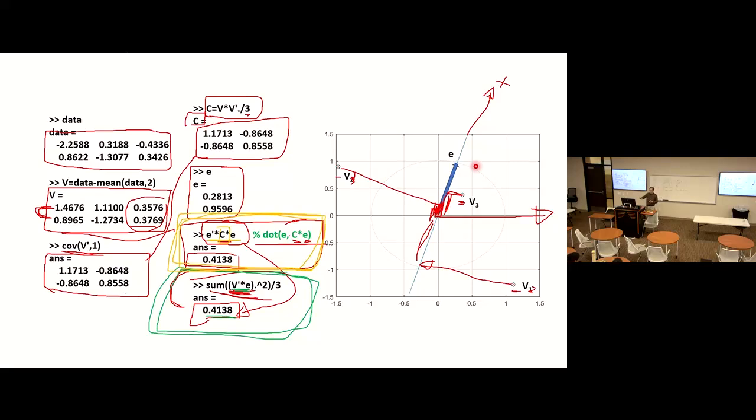This numerical small example just demonstrates that I can compute the total projection length using the covariance matrix instead of really projecting everything.